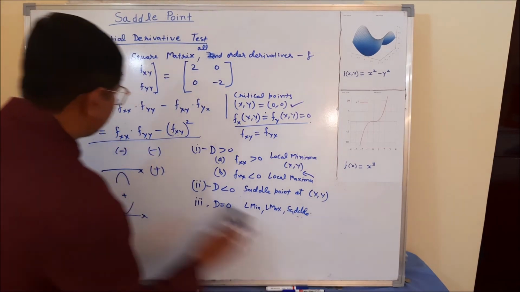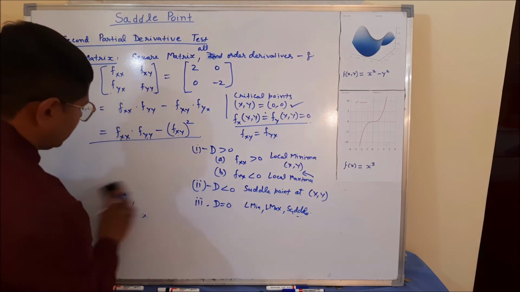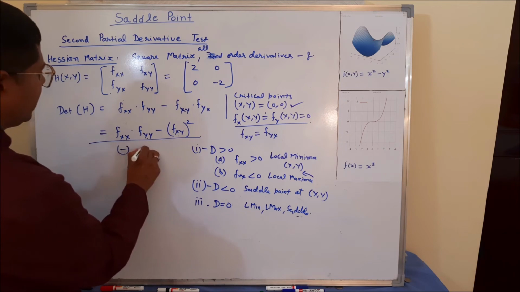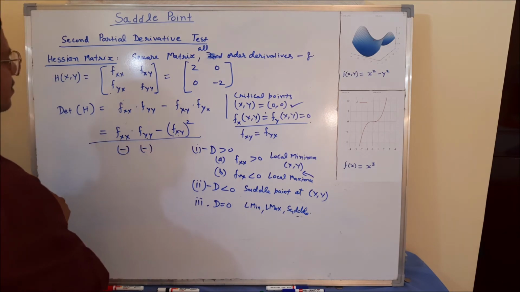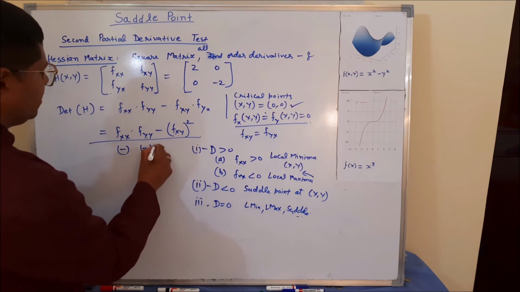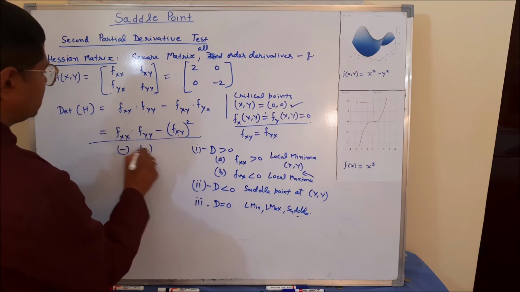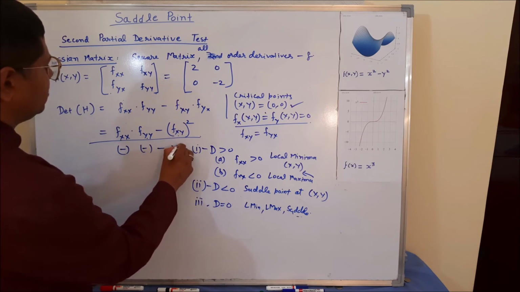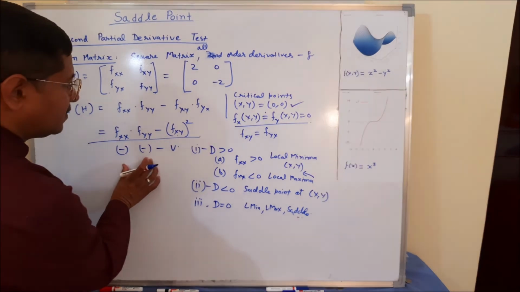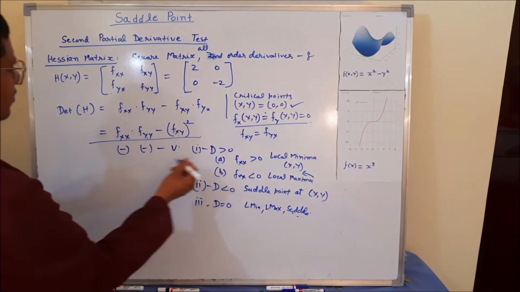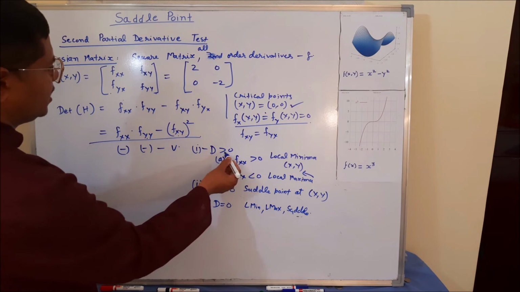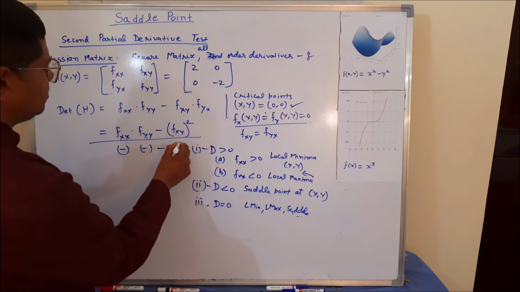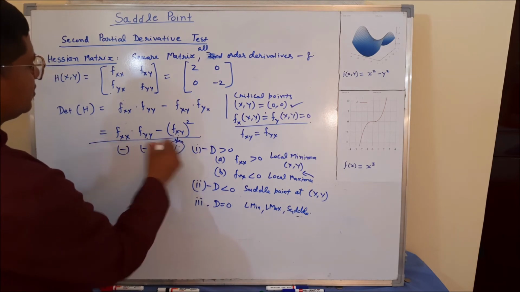So here you can consider that if it is negative, and if it is also negative, then the value will be something positive, and if it is some value e, then the chances of getting determinant greater than 0 or determinant less than 0 or equal to 0 depends upon this value that is coming from here.